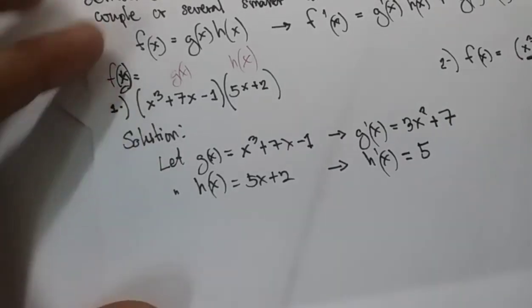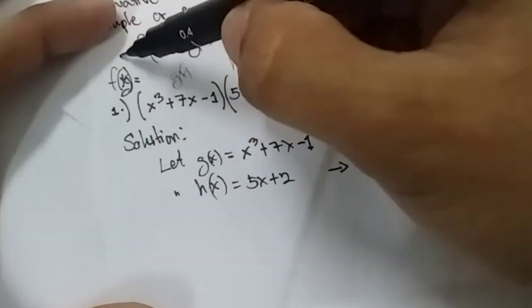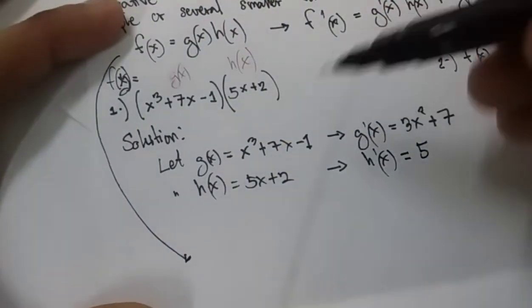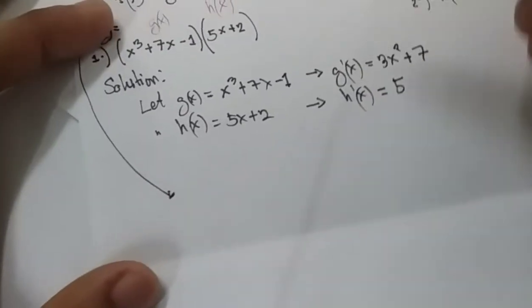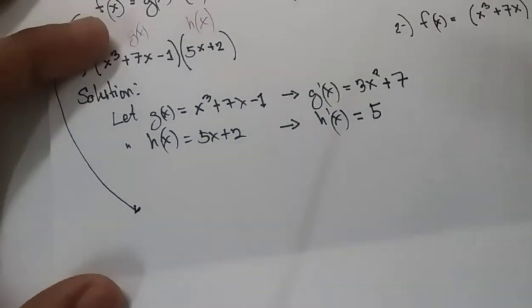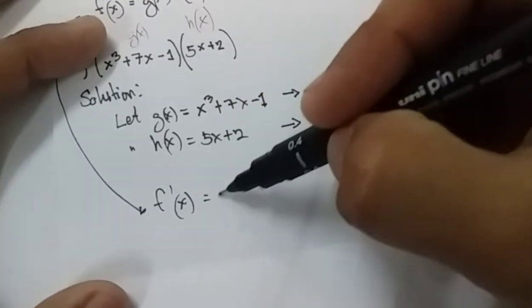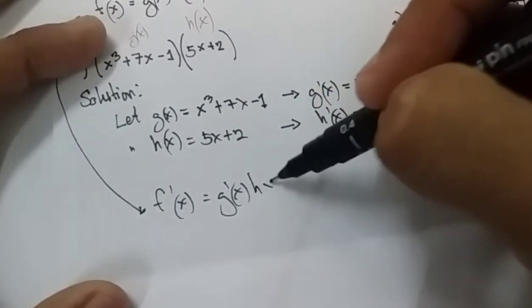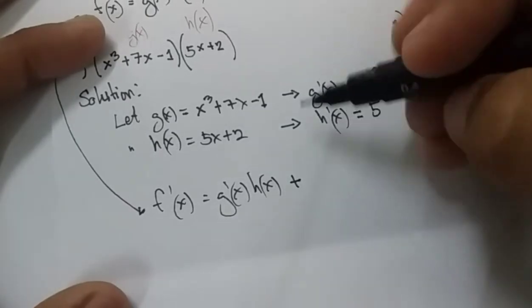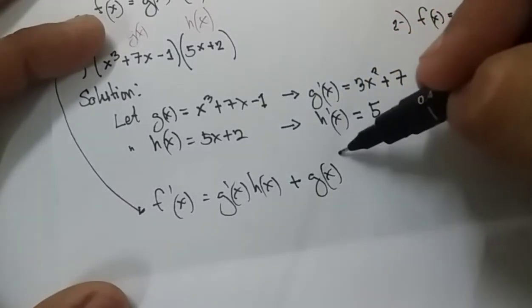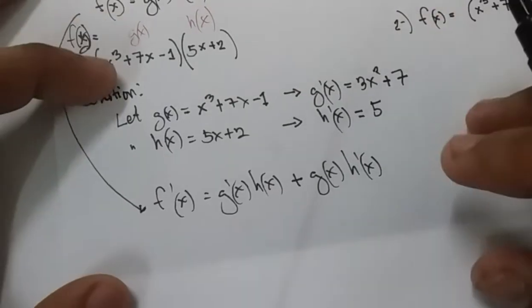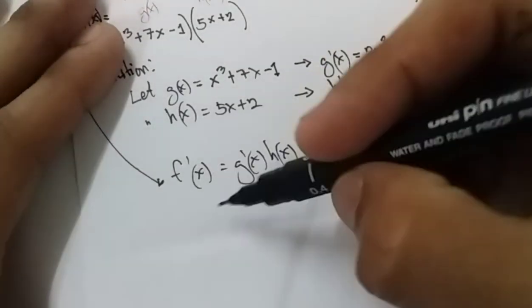Okay, so now go back to the formula. We have f prime of x is equal to g prime of x times h of x plus g of x times h prime of x. Okay, so we will substitute this one.